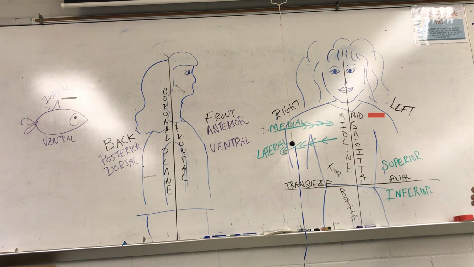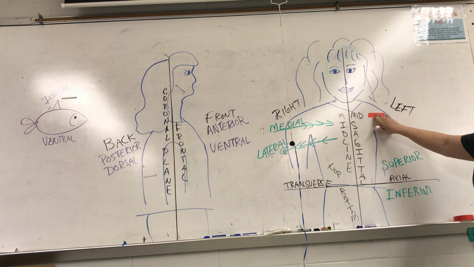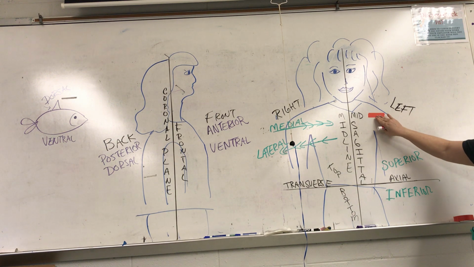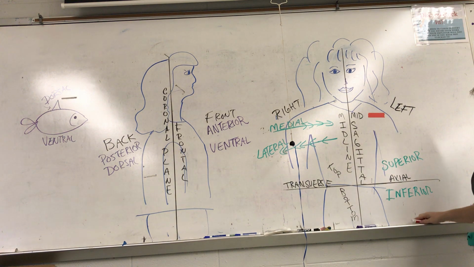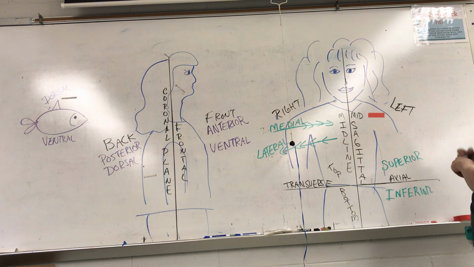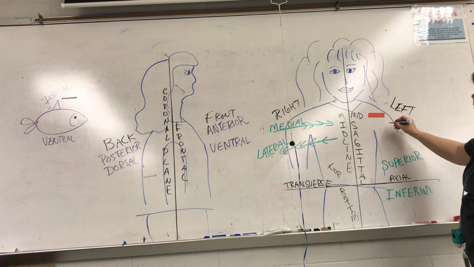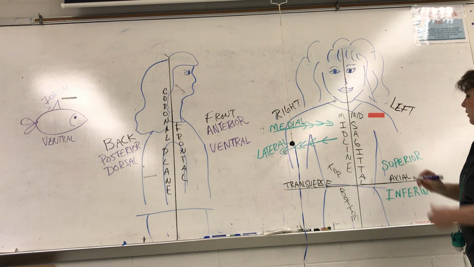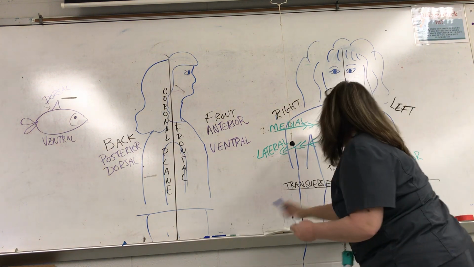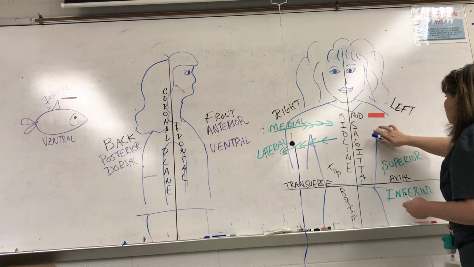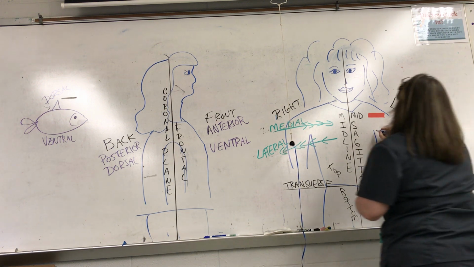So the next one, we're going to use a point of reference. Now you can use the midline as the point of reference, but if there is another point of reference specified, such as the shoulder, we're going to use this red piece of tape right here as our point of reference for these next two words. So for these next two words, I'm going to stretch this arm out just a little bit so you can see a little bit better.